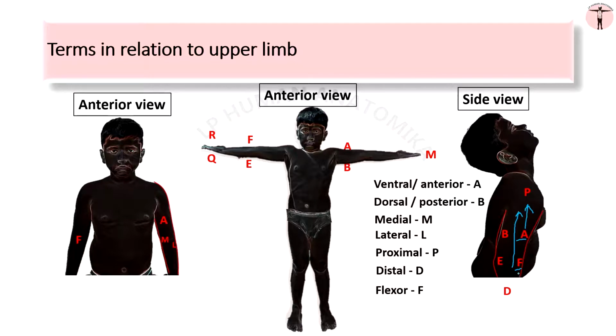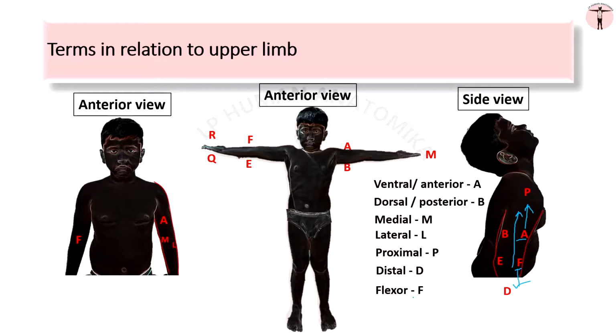When you are comparing two structures, the structure which is far away from the point of relation, we call it distal. And the structure close to that point, we call it proximal. So A is close to the root of limb or proximal part of the limb, F is away from that, so F is called distal. Okay, same with B and E. B is proximal, E is distal.